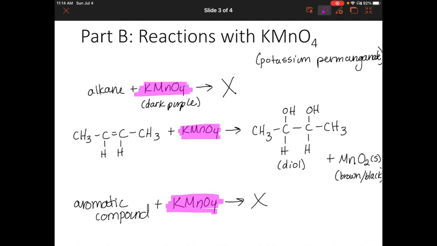So then you can react your unknown compound with potassium permanganate and see if it stays a purple color or if it changes to a brownish black color. And that's how you'll know that a reaction either did occur or didn't occur, and you can try to narrow down what type of compound it is.